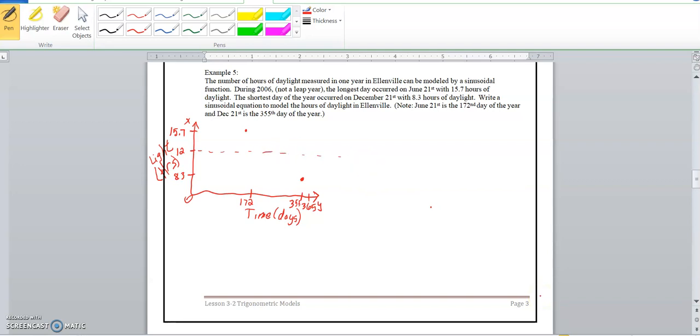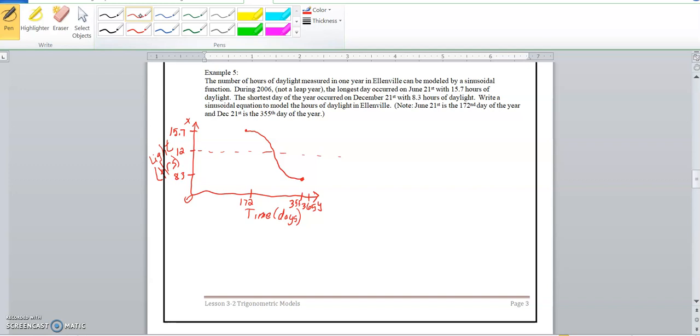And what we know is that it's sinusoidal. It says, write the sinusoidal equation. So we know that we have a peak here. We're going to come down and bottom out in December. But that's all we have. We don't even have a complete graph like example 4. Example 4 was a little more inclusive, but we can still make an equation.